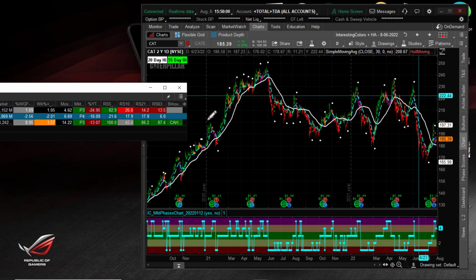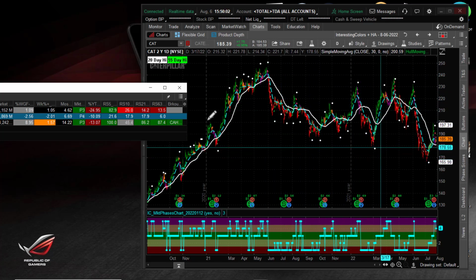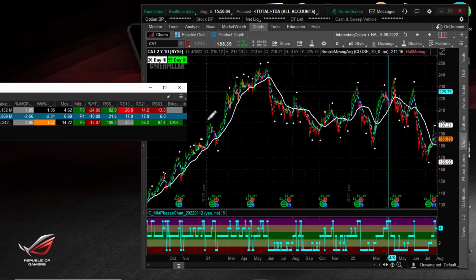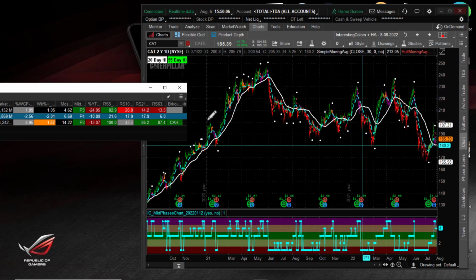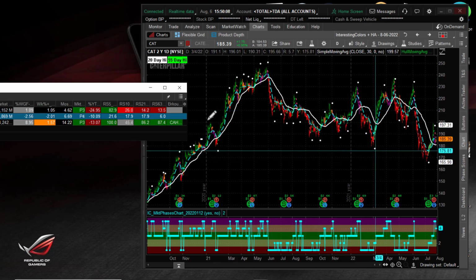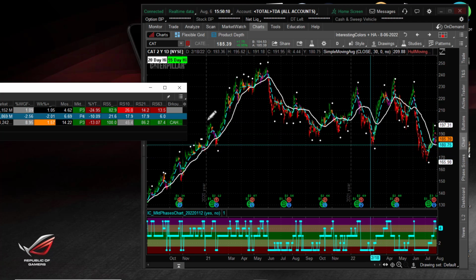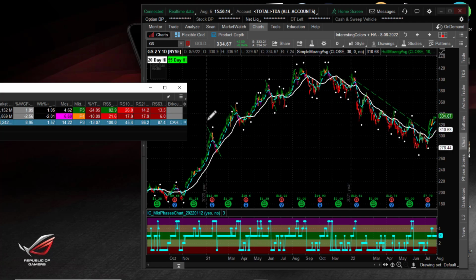And here's a case where maybe it's time to get in, maybe it's not. But where did it go? It went from this area all the way up to there for CAT. And it isn't just these three stocks, they're everywhere like that.